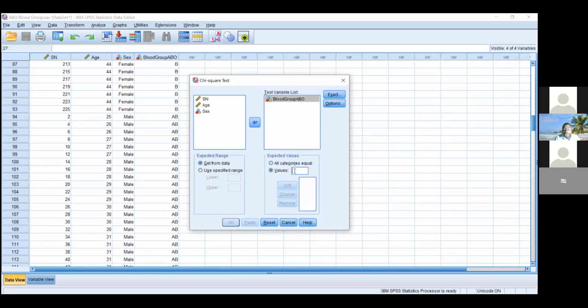So the expected values, let me check here for you, are 63.3, 56.7, 46.2, and 133.8.